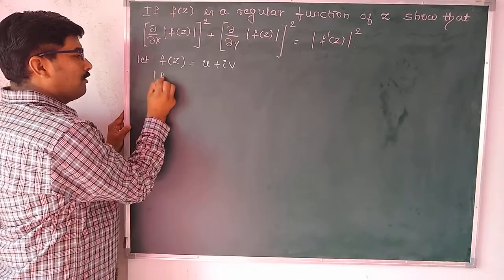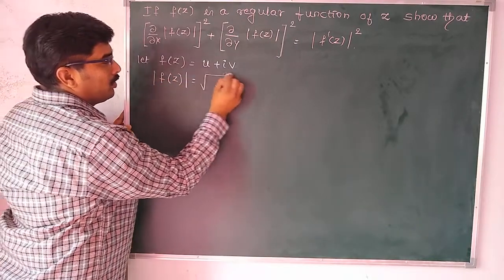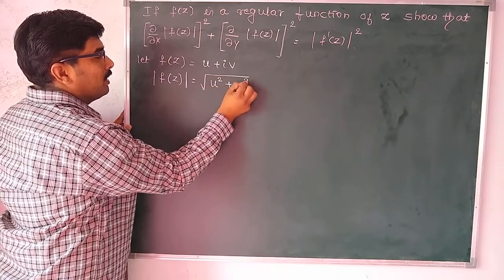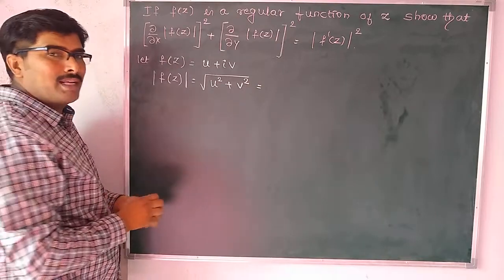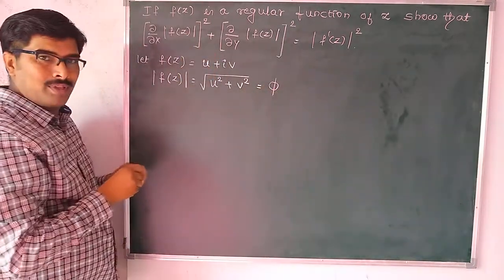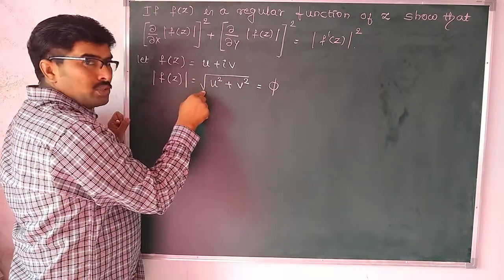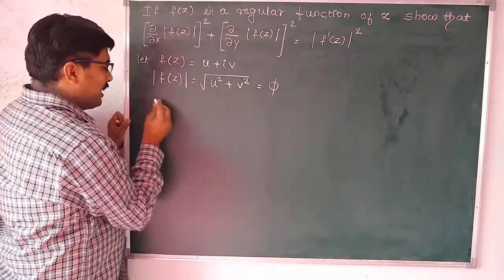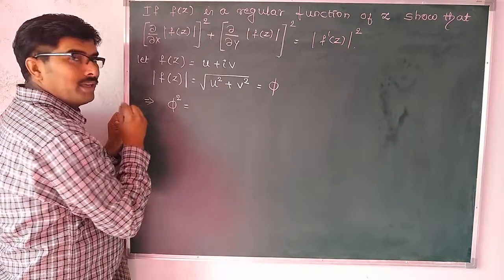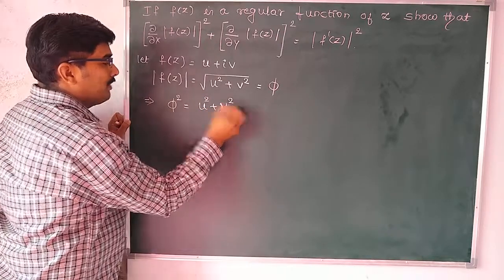So modulus of f of z is equal to square root of u square plus v square. And let us say this value is equal to phi. Now, to eliminate this root, if you square on both the sides, that implies phi square is equal to u square plus v square.